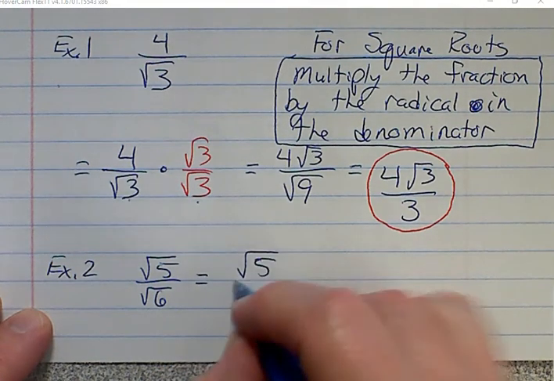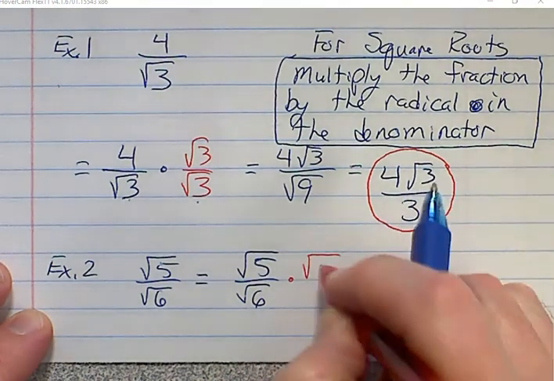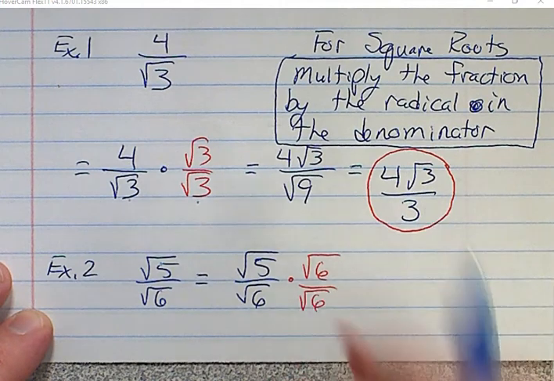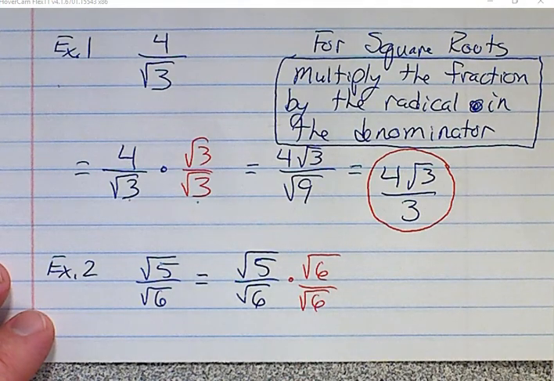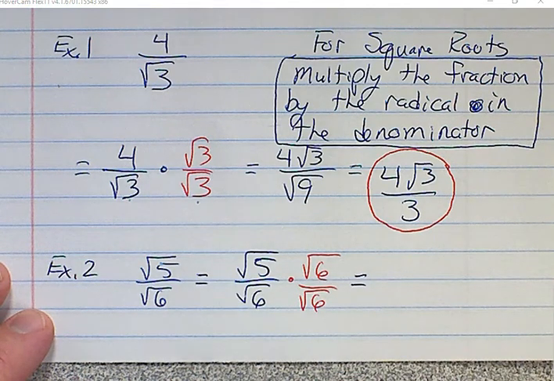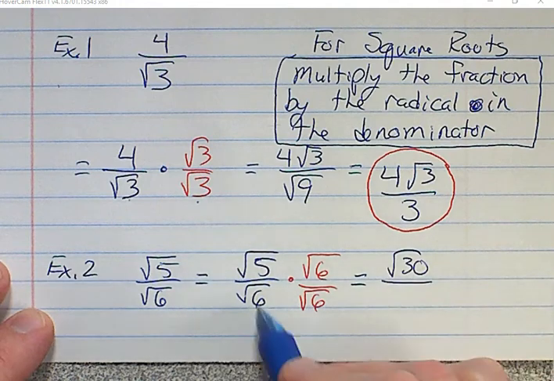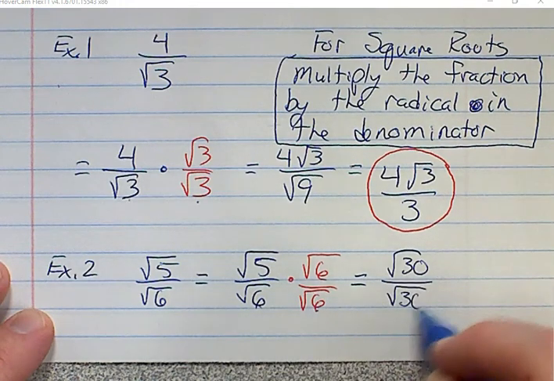So it says to rationalize, so that means we're going to take both of these parts and multiply them by square root of 6. All right, and on the top, 5 times 6 is 30. On the bottom, 6 times 6 is 36.